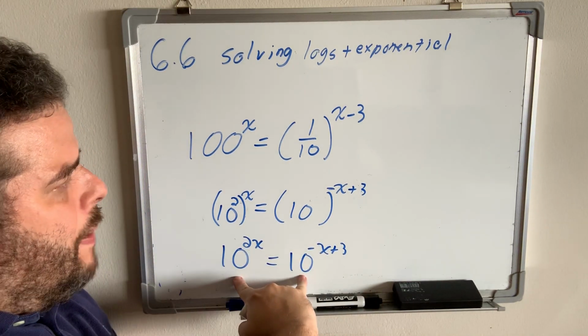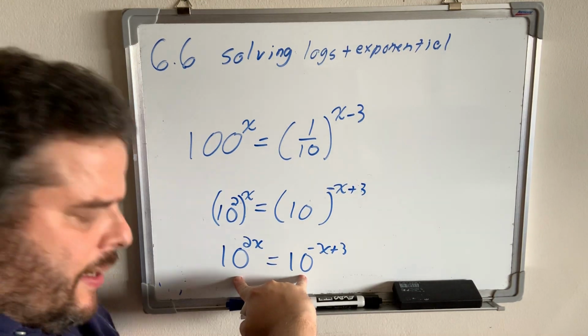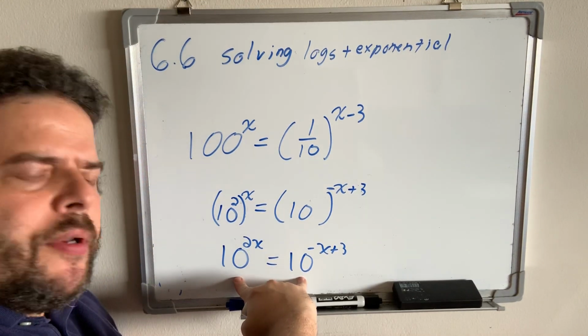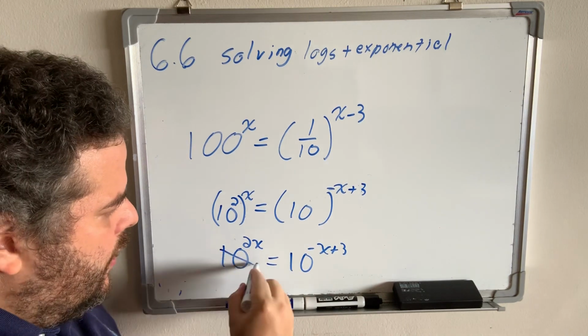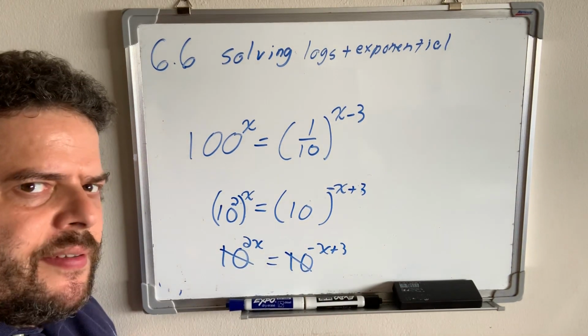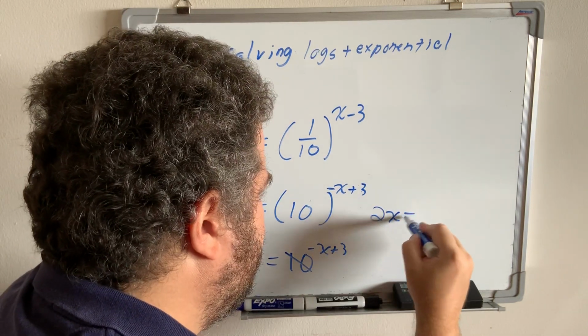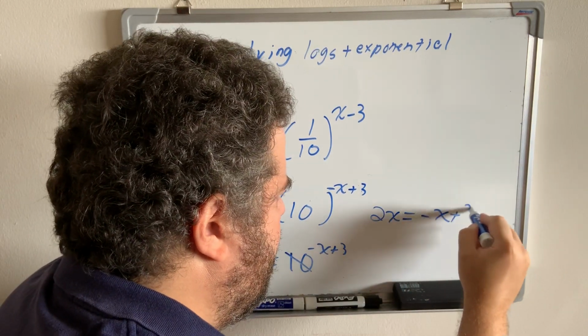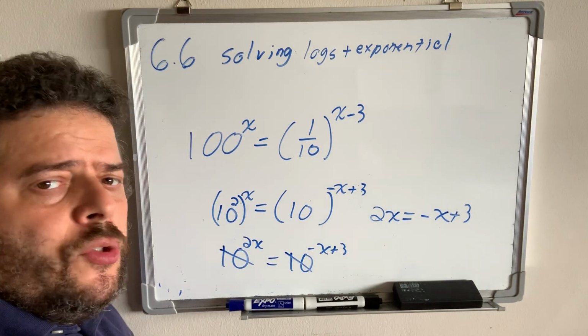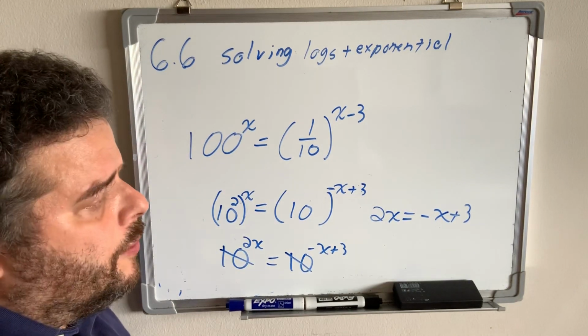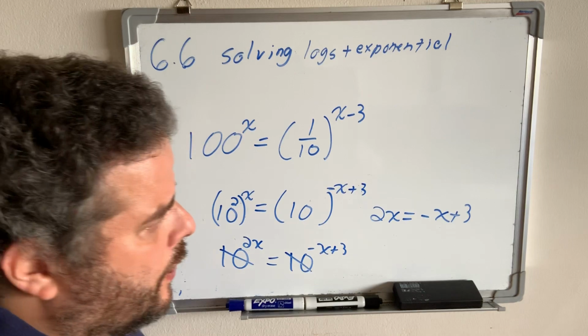Now, since my bases are the same, I can apply the equality for exponential equations. All you have to do is cancel out these bases that are identical and you just work with the exponents. And from this point on, you just isolate your x's as normal, factor, etc.